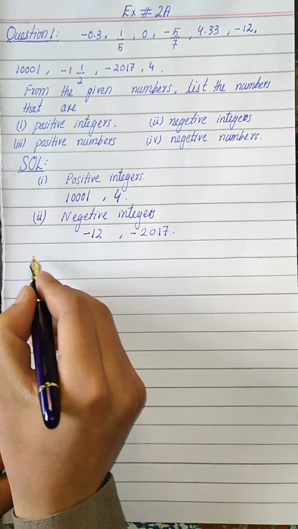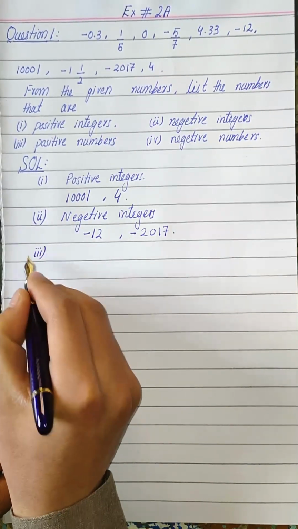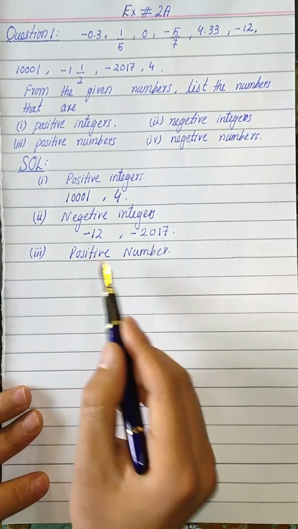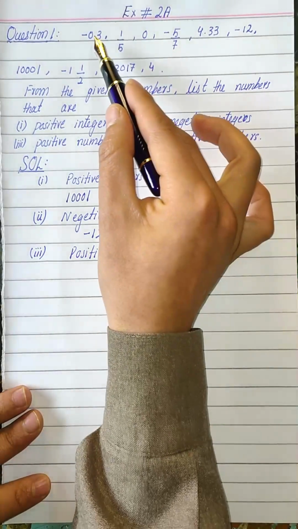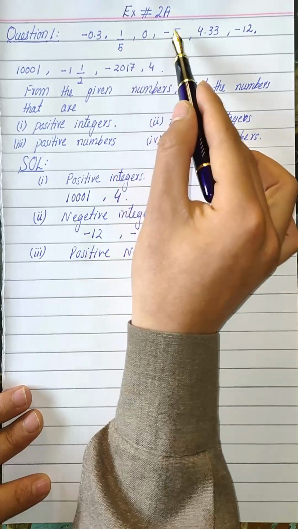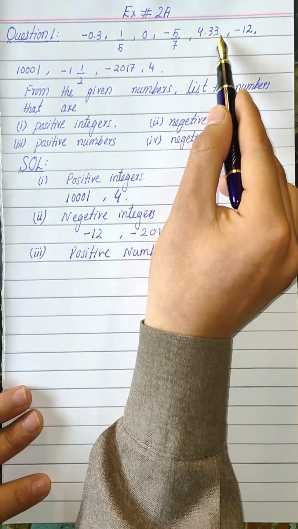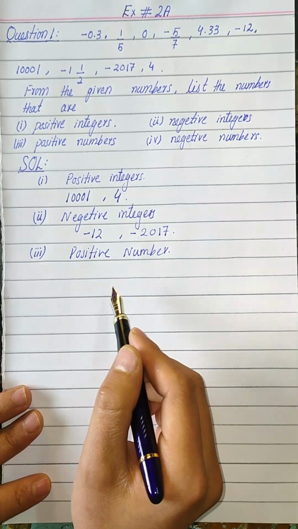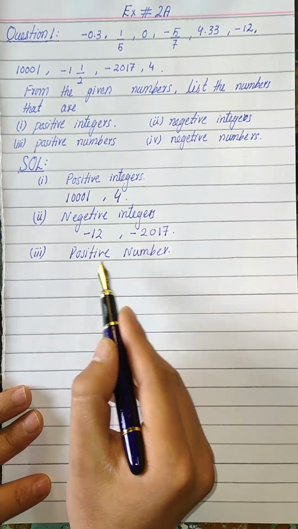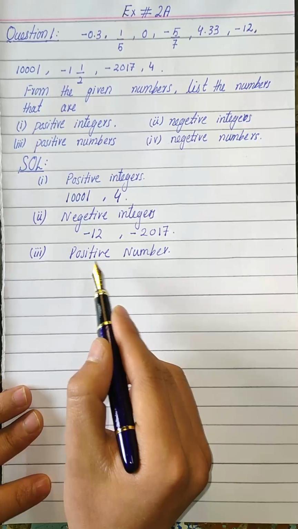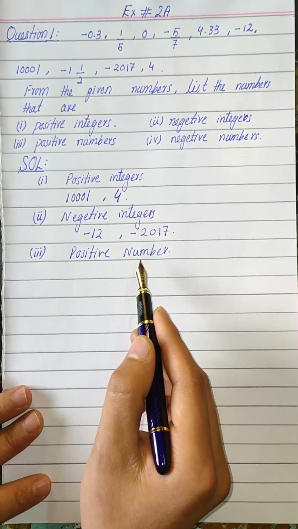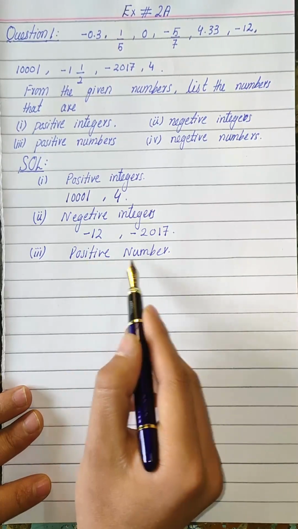And then in part 3 we have to find the positive numbers. So in positive numbers there come 1 over 5, 4.33 and 4. So when we say positive numbers, that means fraction or decimal values are also included, and they just have to be positive.